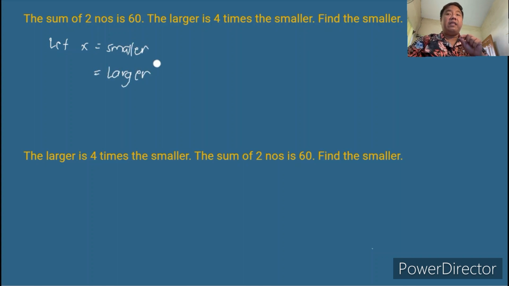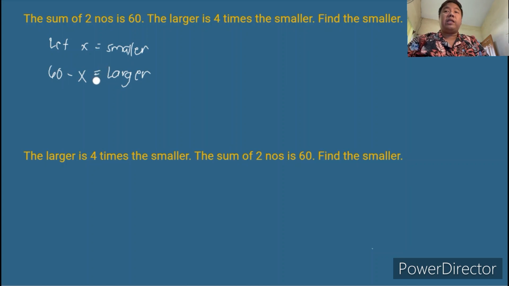Since you already have the sum to be 60, and you already have the smaller to be x, then how are you going to represent the larger? So, kung may total ka na 60, meron ka pang smaller na x, then what will remain? So, ano ba yung natitira para kay larger? So, that will be represented as 60 minus x.